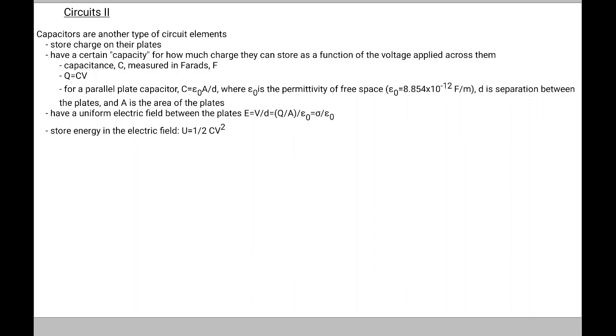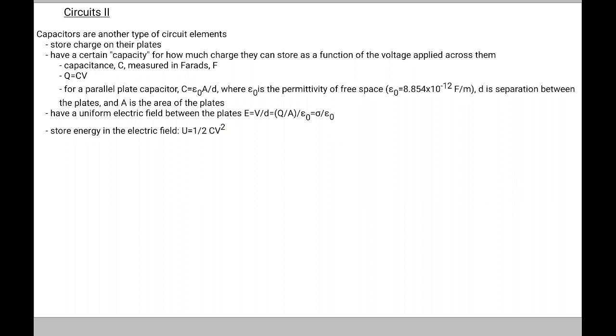Now, capacitors are useful because they store energy in their electric field, and the energy they store is 1/2 CV squared. Of course, if we substitute C with Q over V, then we end up with 1/2 QV.